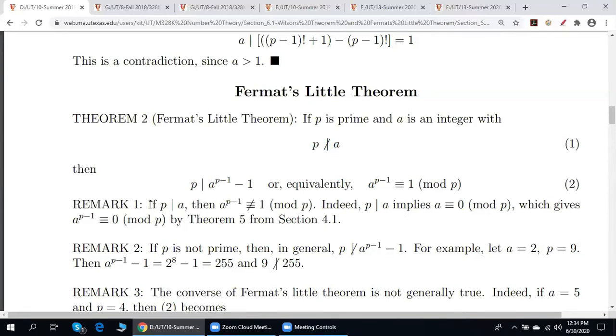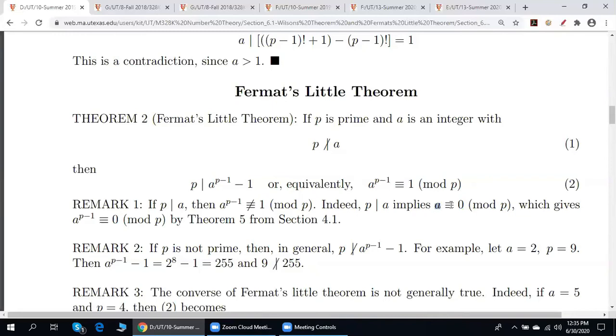Indeed, if p divides a, then this, and therefore this, is not true. Here is why. If p divides a, this means a is congruent to 0 modulo p.